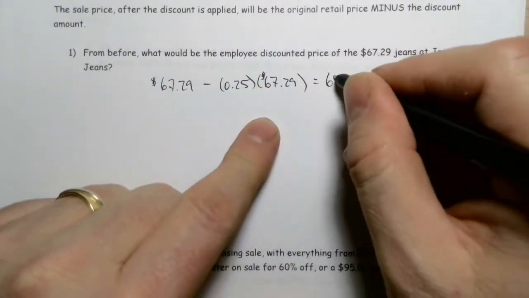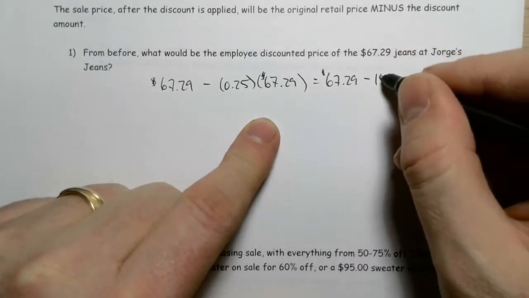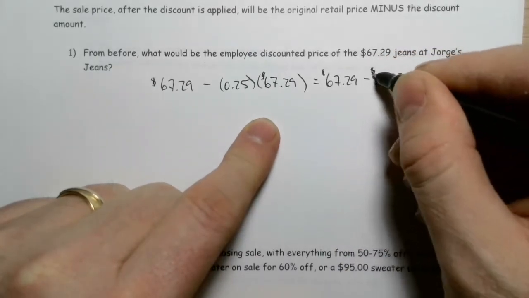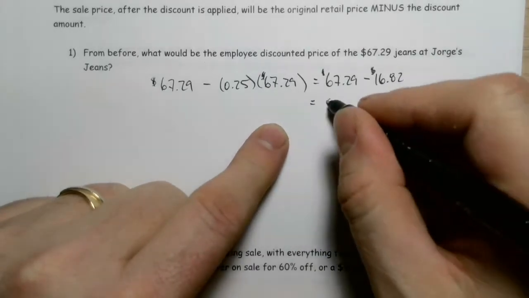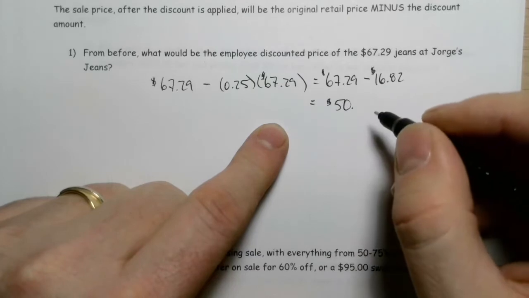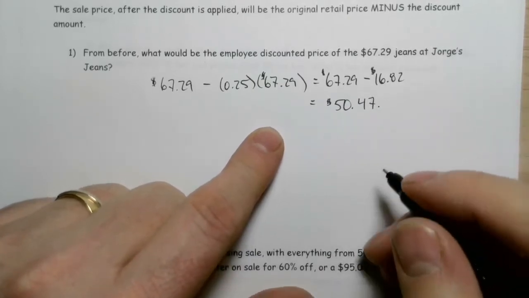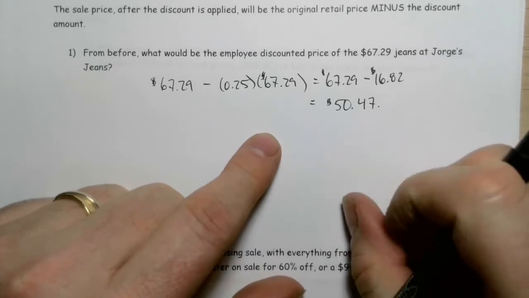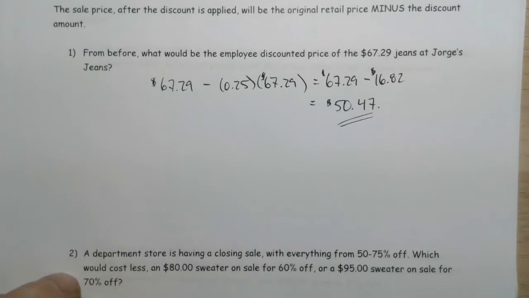That's $67.29 minus the $16.82 that we're allowed to save here. When employees go to the till, they're going to pay $50.47. That is the amount they will pay, and that's how you figure that out.